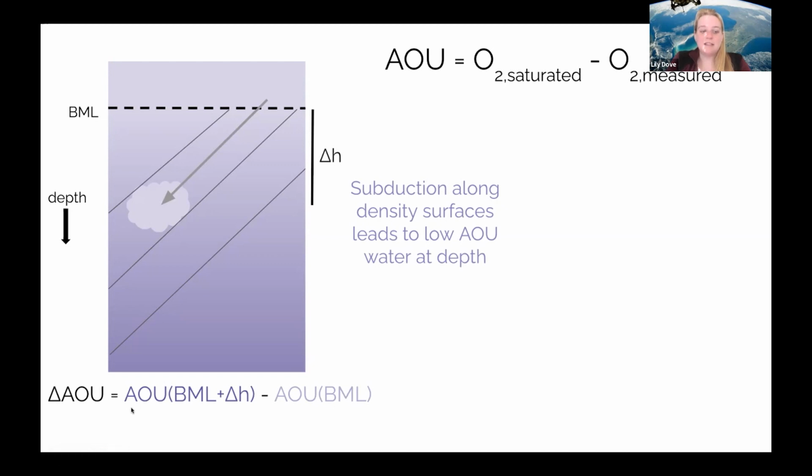It's the difference between the AOU at a set depth, which we define as delta H, and the AOU at the base of the mixed layer. And we expect this AOU at the base of the mixed layer to be close to 0, just by definition of AOU. But we did this correction just in case.